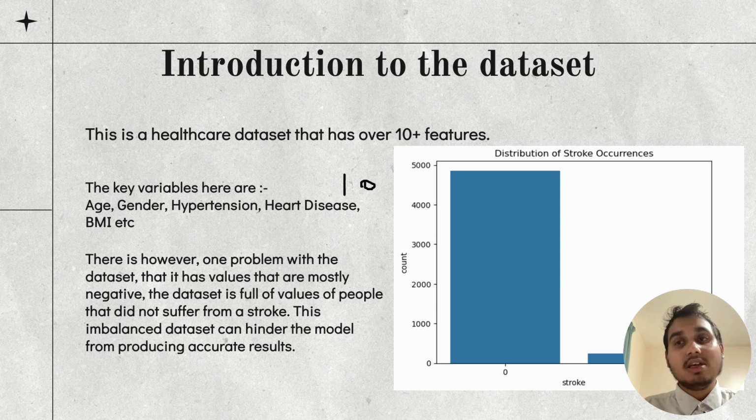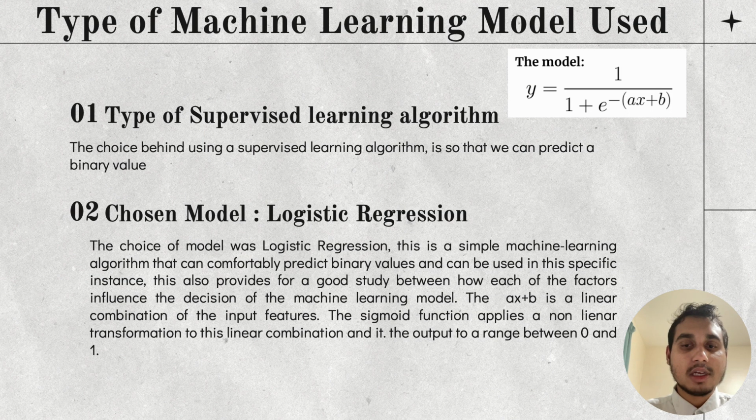So now we'll move on to the type of machine learning model which has been used. The machine learning model that we have chosen for our use case is logistic regression. It's a supervised learning algorithm, because the dataset has labels in it, whether the person has suffered a stroke or not.